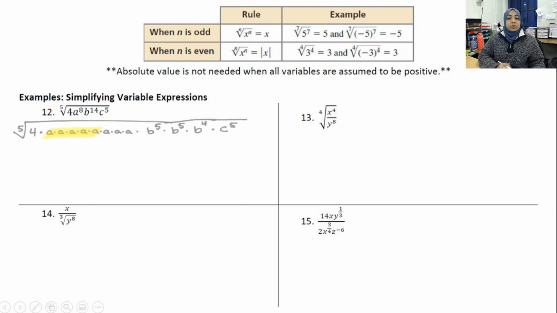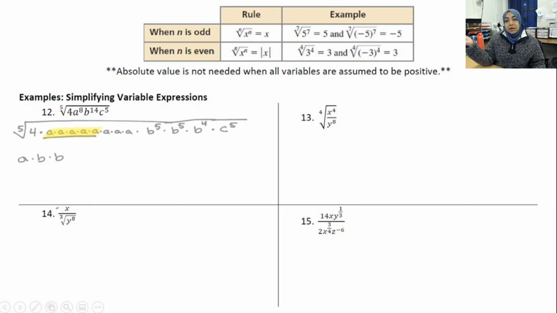All right. So just like whenever I can do things with perfect cubes and perfect squares, I can do the same thing with variables in the sense of how we pull them out. So a to the 5th power right over here, I can take the 5th root of a to the 5th power, which is just a. I can also take the 5th root of b to the 5th power, which is b, but I have another b to the 5th power, which is another b.